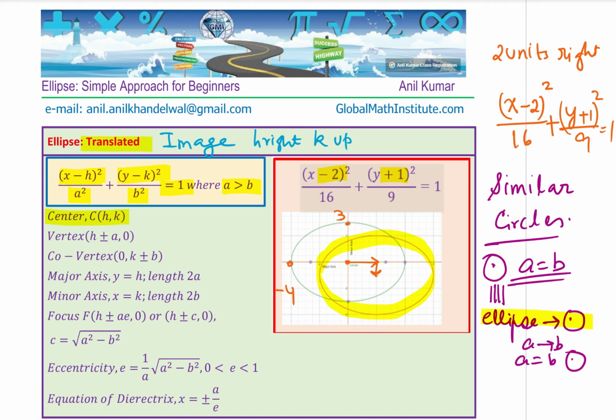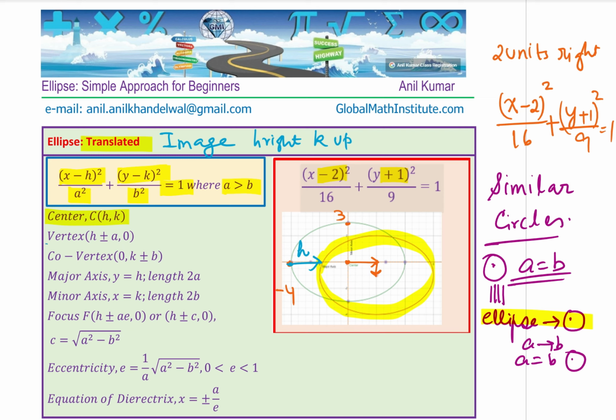Correct. So the vertices, we are now considering the major axis being the horizontal axis. So in that case, as far as the vertex is concerned, it moves h units right, and therefore we will add the value of h to A. So this point has actually shifted right by h units, correct?